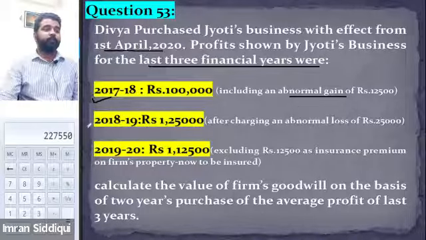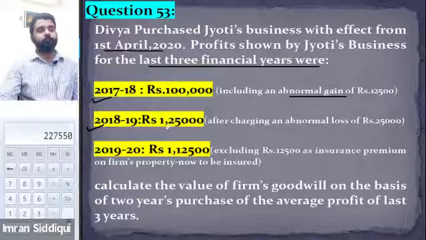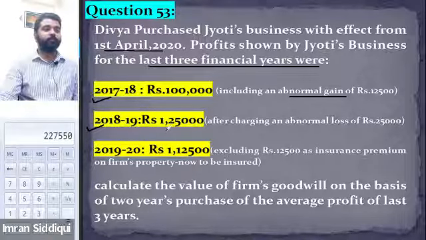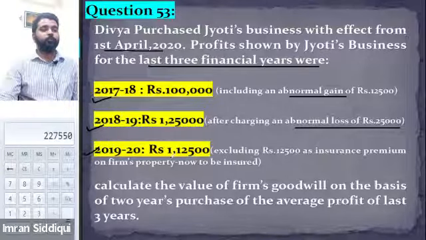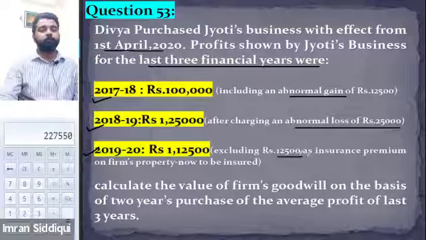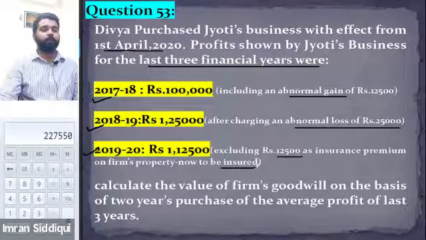Then in the year 2018-19, profit reported by the business was 1,25,000, but it also includes abnormal losses of 25,000. 2019-20, the profit was 1,12,500, excluding 12,500 as insurance premium on firm's property now to be insured.